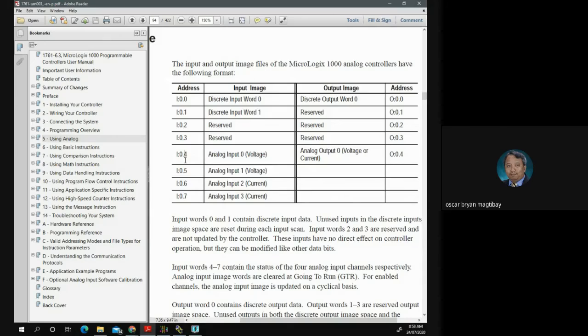So it means that one analog address of the PLC comprises 8 to 16 bits, corresponding to a certain integer value from 0 to 32767, or negative 32767 to positive 32767. It becomes 16 bits because it has negative 32767 up to positive 32767.